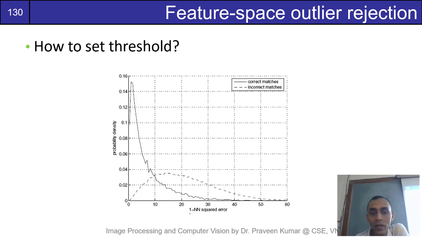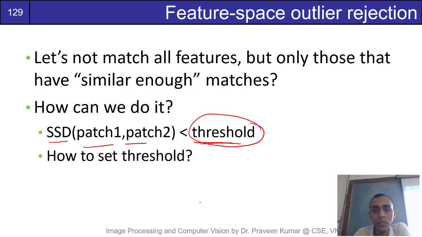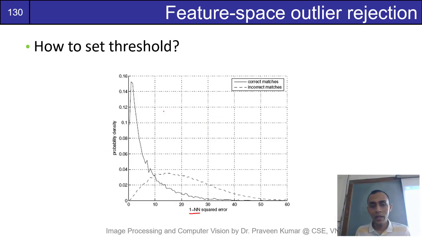If you find the best closest match, take the patch around it, take this sum of square difference error and plot it in this direction, and this is the probability density of the matching of the key points.